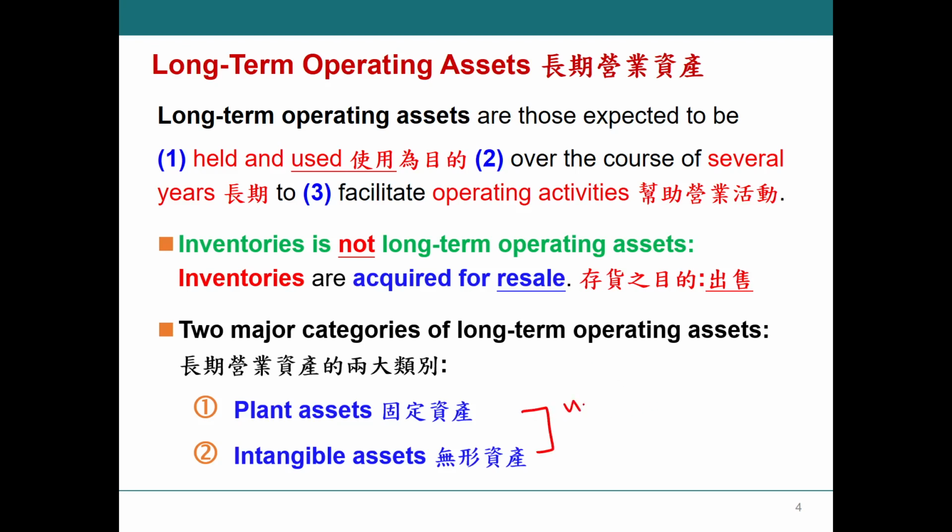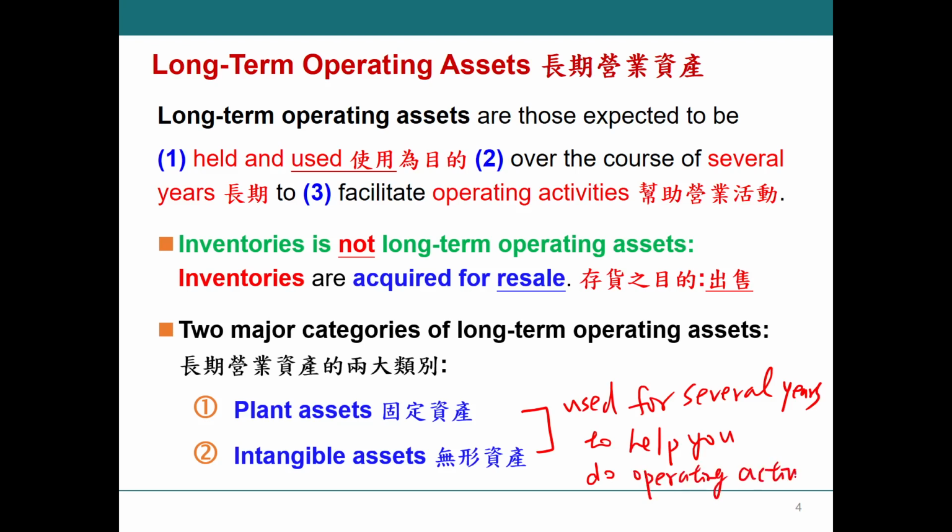We use them for several years to help you do operating activities. Right? So both of them meet these 3 definitions. So what's the difference?